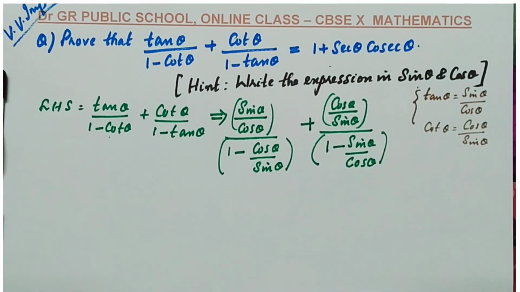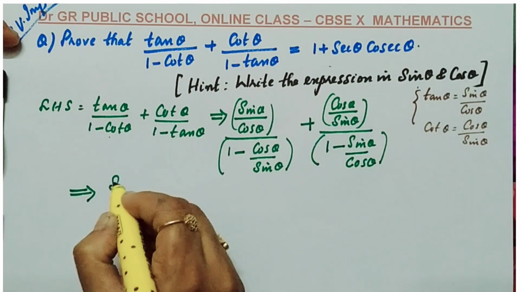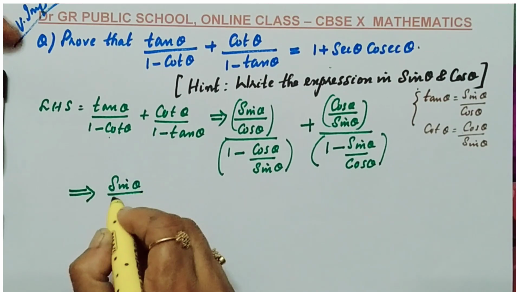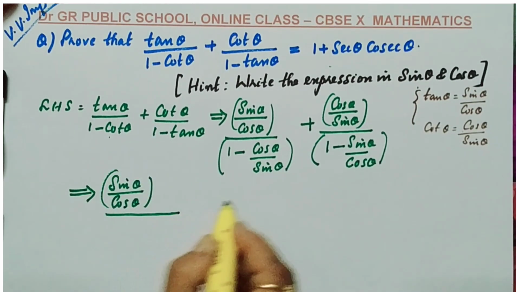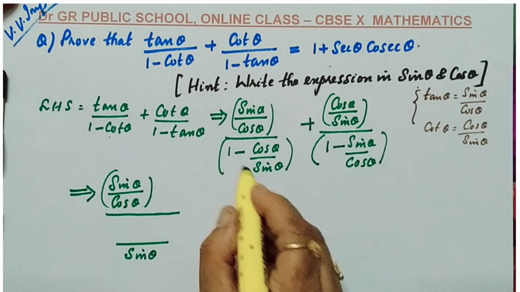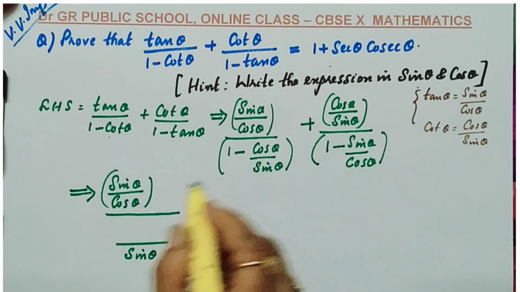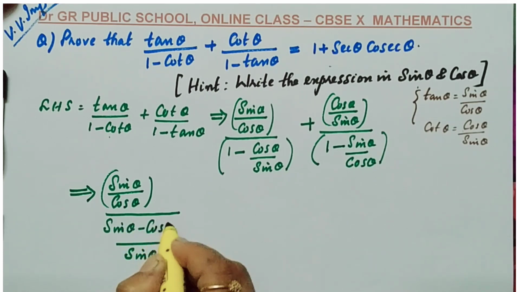The prime step you need to know, then only you can simplify further. Now, which implies sin theta divided by cos theta, the numerator, the whole divided by. In the denominator, I am going to take the LCM sin theta. So here comes sin theta minus cos theta.